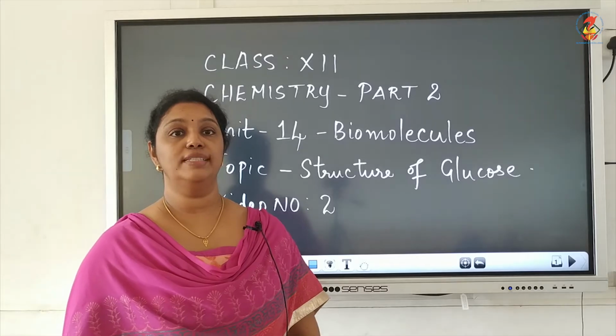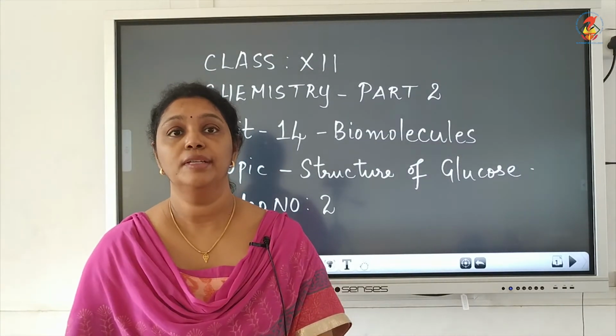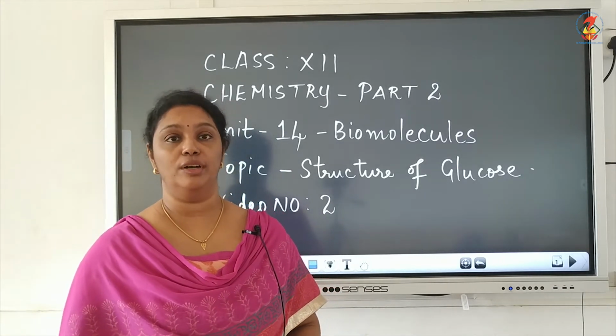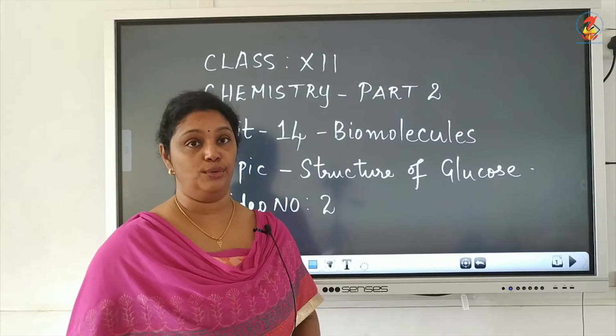In this video, we will see about the different structures of glucose. In the last video, we discussed the Fischer structure or open structure of glucose and the reactions that proved the open structure of glucose.